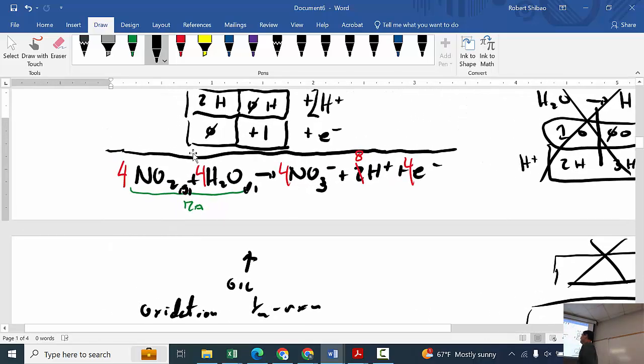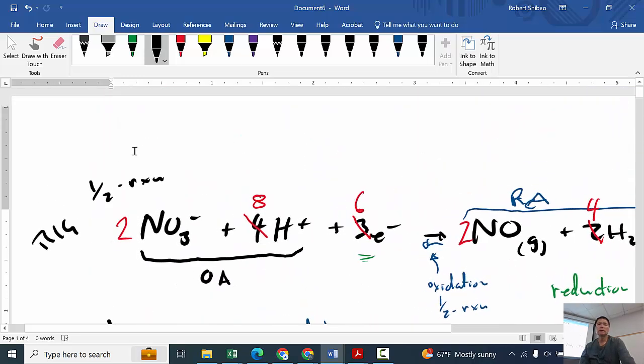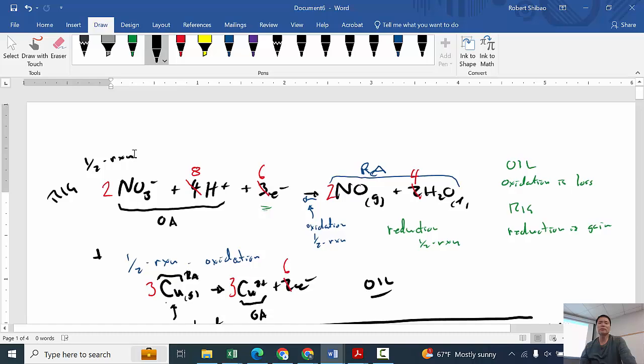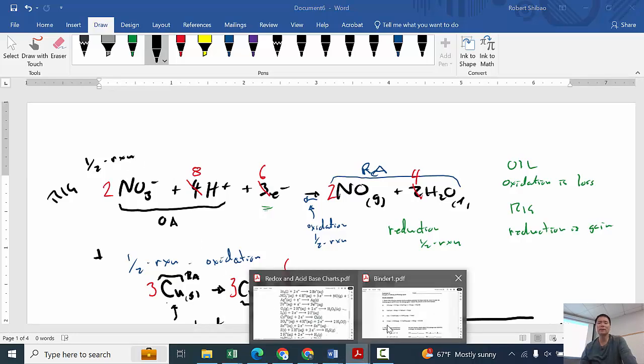And NO2 is not on our chart. So I don't have this. There is something that's similar to NO2. What is that? No. I mean, nitric acid is somewhat similar, but there's something else that's even more similar, I think.